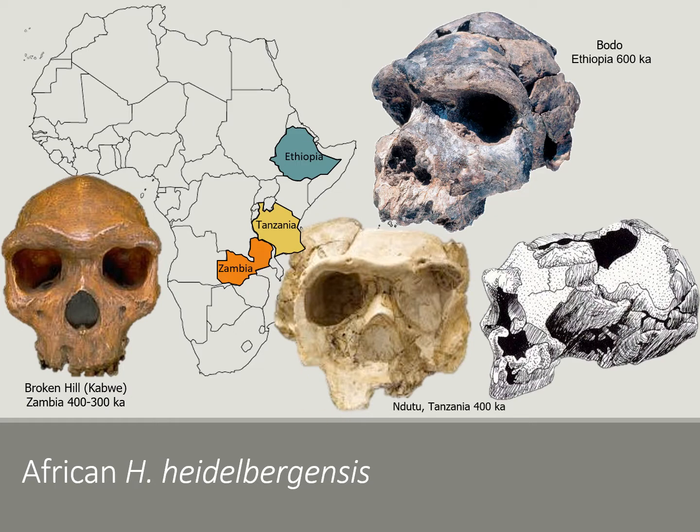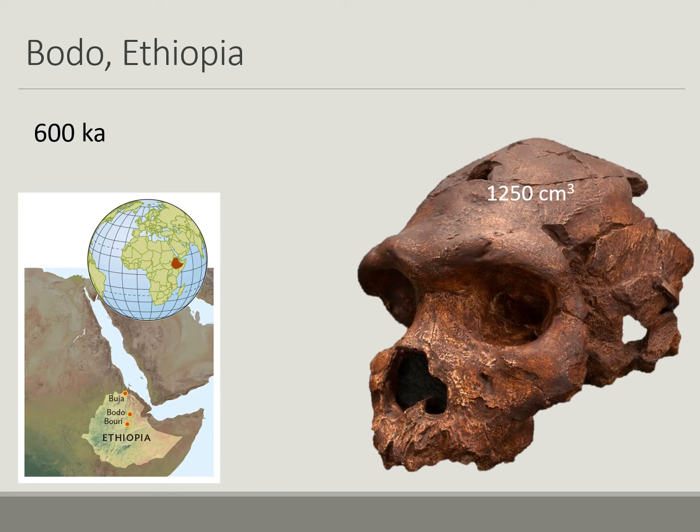Okay, Bodo. So located in Ethiopia, right, in the Afar Depression or the Afar Triangle where Hadar is, that's where Lucy is found, where the Middle Awash is, that's where Ardipithecus ramidus was found, and it's dated to 600,000 years ago, this Bodo cranium.